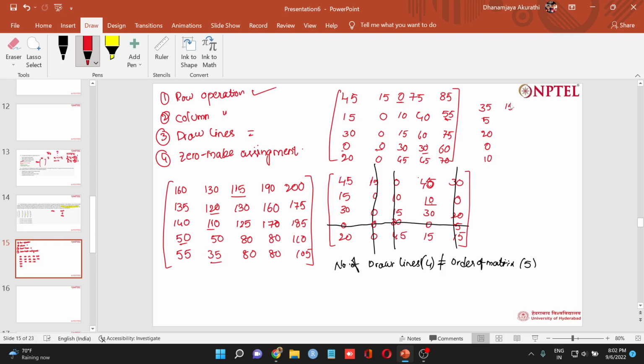Here 15 is a covered element, so it is the same, and here this 0 is an intersection of the drawn lines, so at this place we need to add the minimum value, that is 10. 0 plus 10 is 10, and the next 0 is only a covered element, so it is the same. And in a similar way the covered elements stay the same and the intersections get 10 added.